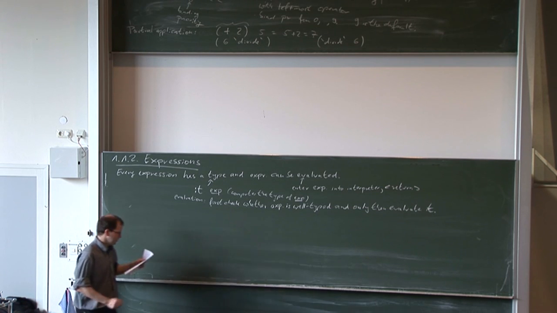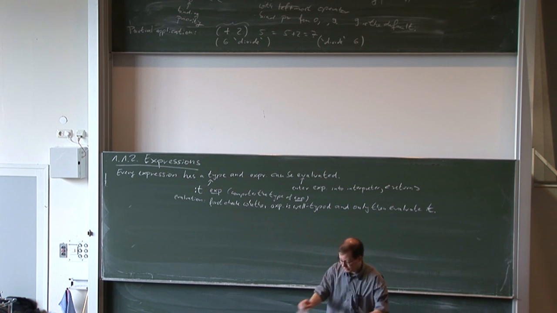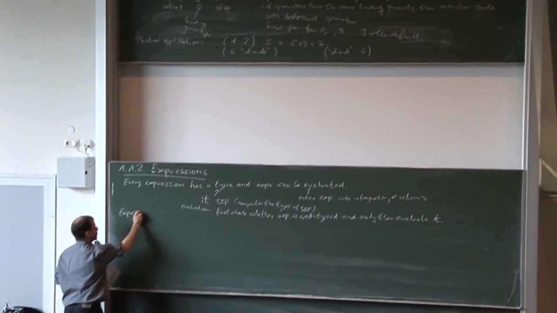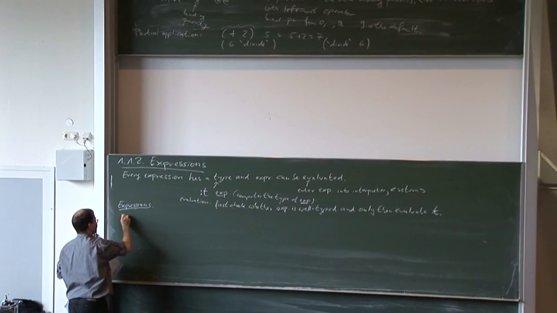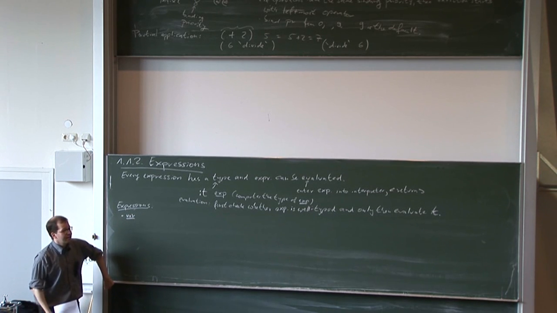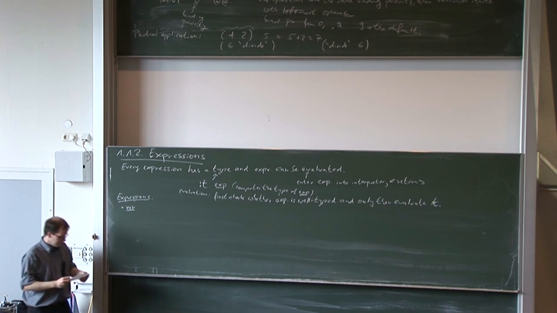So what do expressions look like? Let's simply look at the grammar for expressions, and then go through all the rules. The simplest form of an expression is a variable. Any variable, written as a string starting with a lowercase symbol, or an infix variable, is an expression.